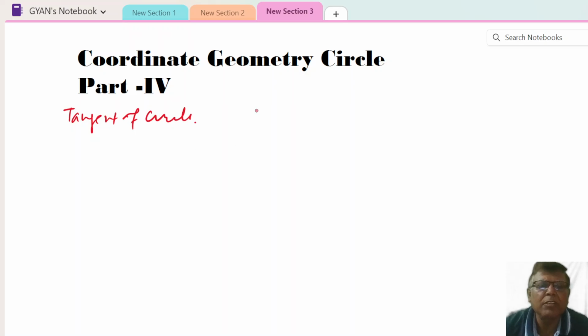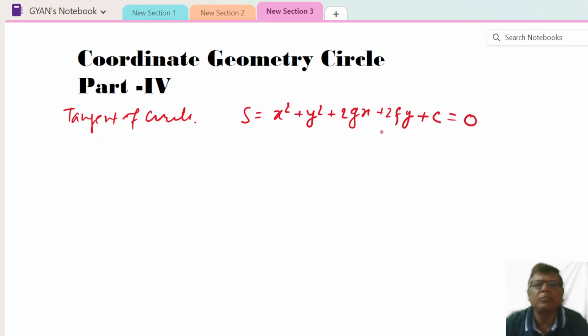So we know the general equation of the circle, denoted by S: x square plus y square plus 2gx plus 2fy plus c is equal to 0.